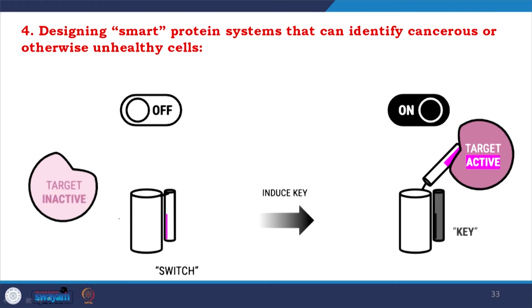So, you have the target which is inactive, then you have the switch with induced key, the switch would be activated. For example, let us say you have an interaction, like a phosphorylation with a kinase activity, this will interact and then you get a FRET signal in that way.